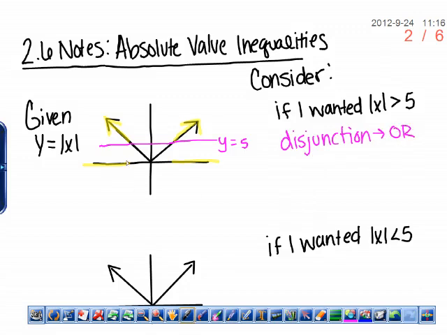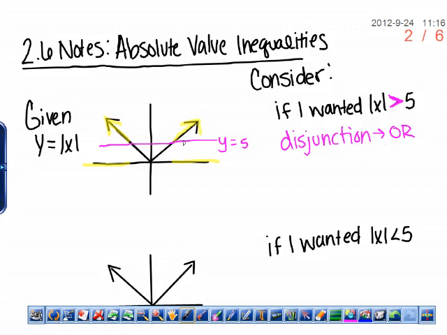Okay, and that's because it's only everything that's less than this x value and bigger than this x value. Now for this nice simple graph, we know that that's less than negative 5 and greater than positive 5, right? But it's going to get a little more complicated than that. But the idea is when you have your absolute value dealing with a greater than, it's always going to be a disjunction. It's going to be an or.